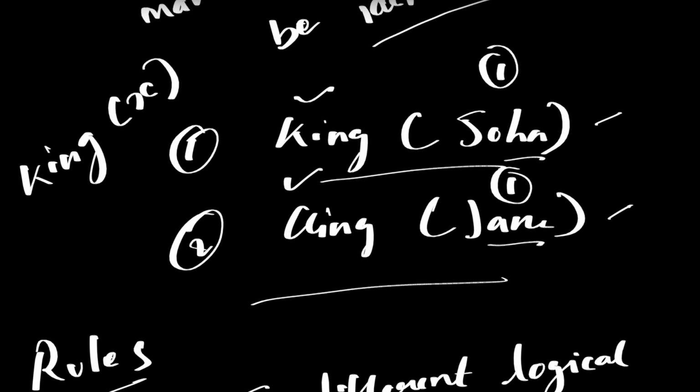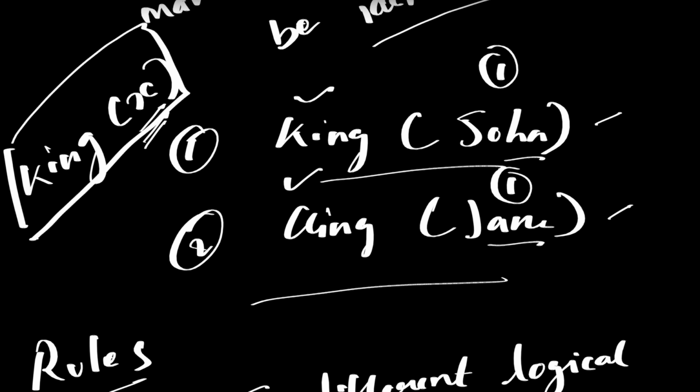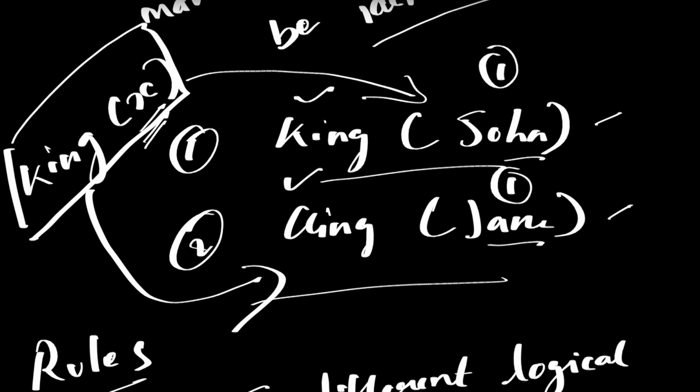The constant for the first logical statement is John, and for the second it is Jane. Now we try to make it unified by substituting a variable in the place of a constant. So now this single statement can fetch the value for both logical statements. King of X: this X could be John, this X could be Jane. This is the process behind it.